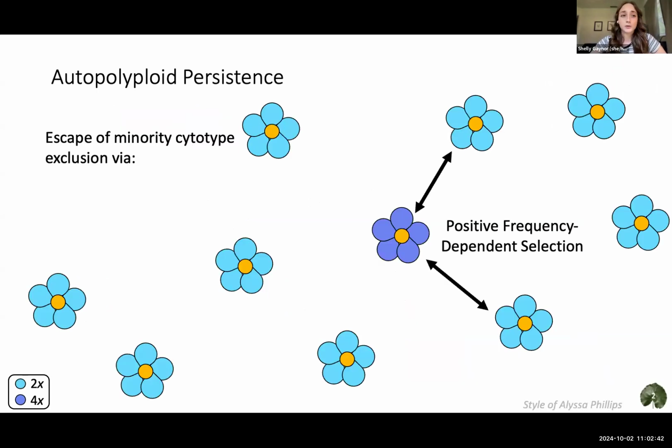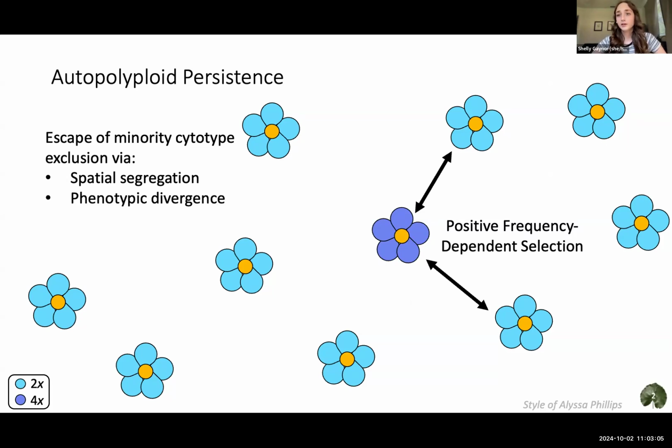Once your autopolyploid forms, it faces positive frequency-dependent selection, and it has no one to mate with. So it's the minority cytotype, and it's being excluded. And so to escape minority cytotype exclusion, theoretical studies have suggested a couple different mechanisms. First, you could have spatial segregation, so your tetraploid can move into a new geographic habitat.